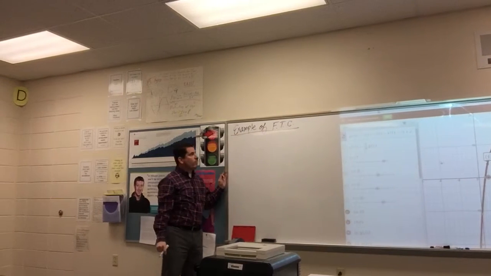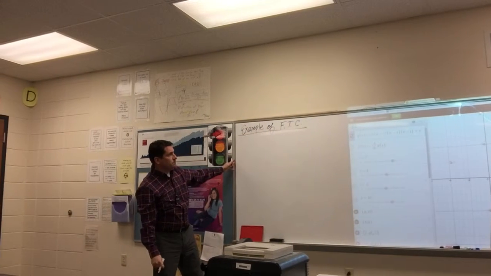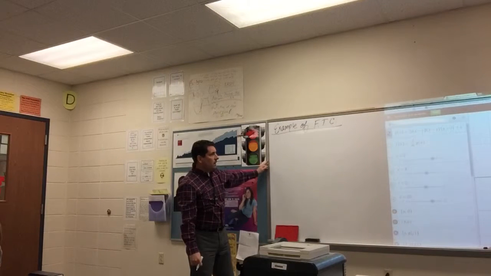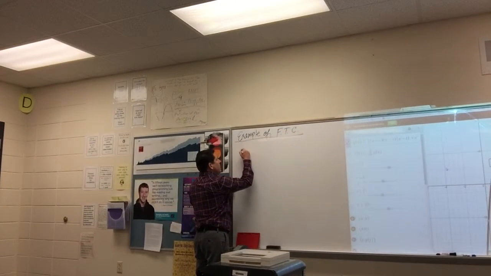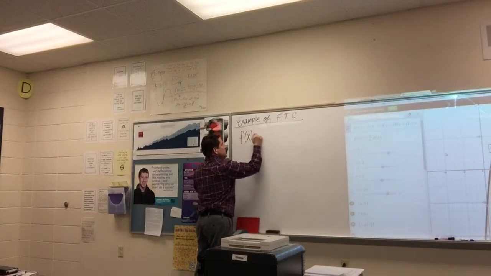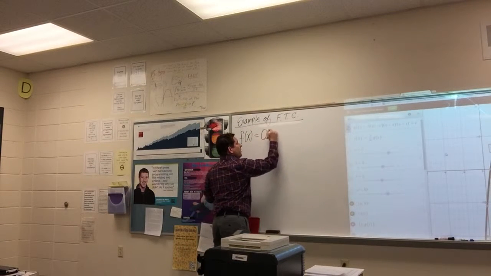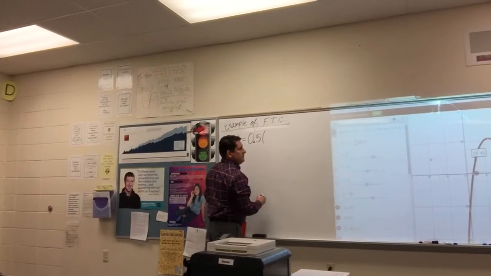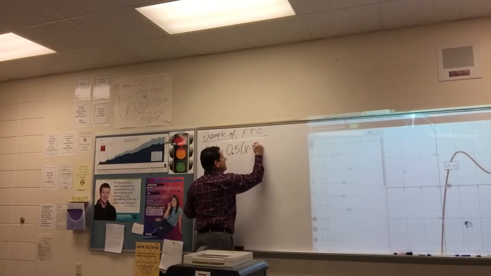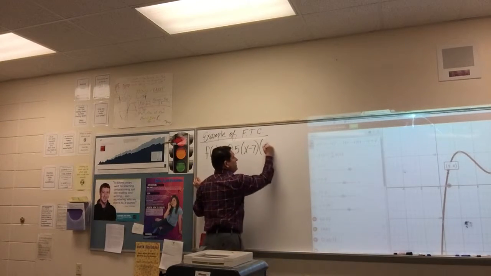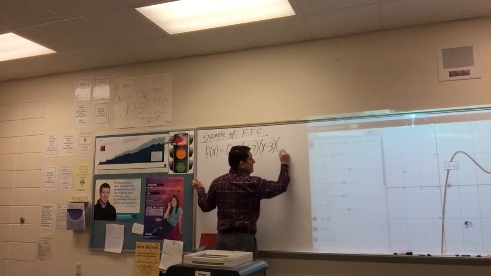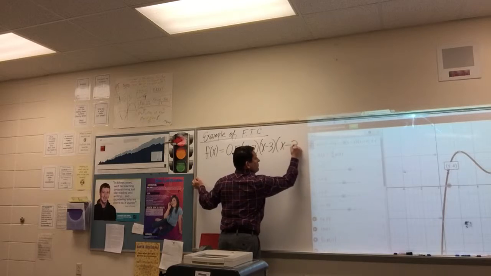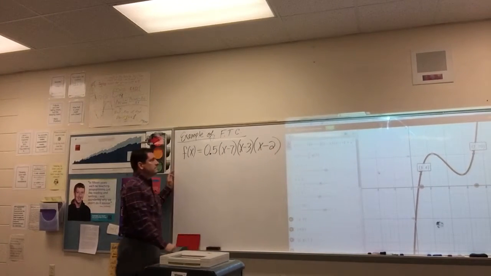Okay. So I'm going to give you a function, and the function is f of x is equal to 0.5 times (x minus 7) times (x minus 3) times (x minus 2).